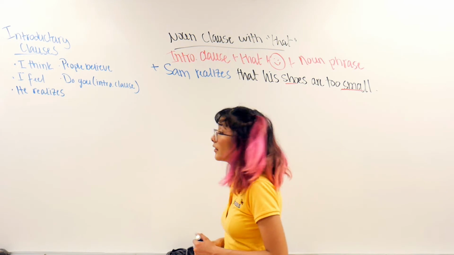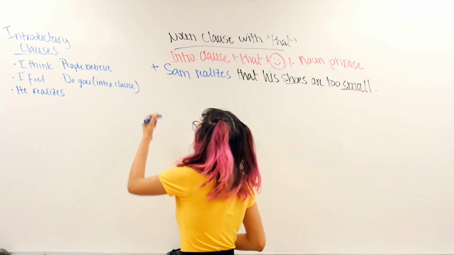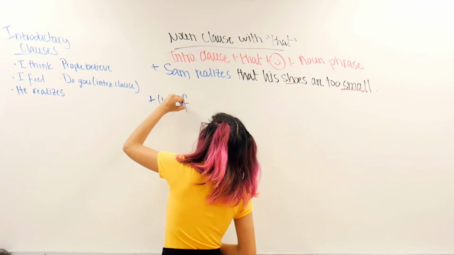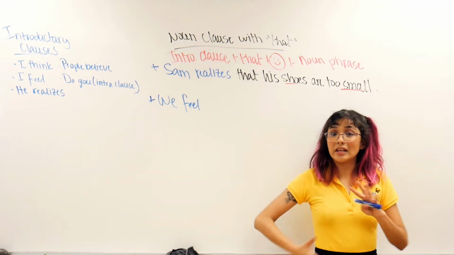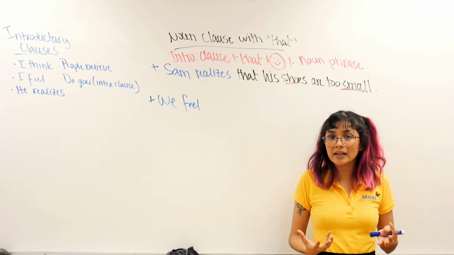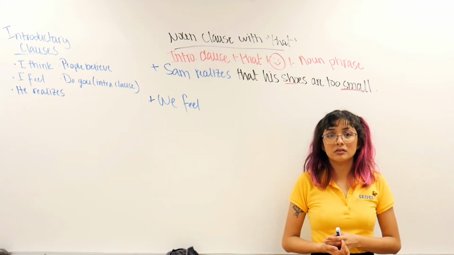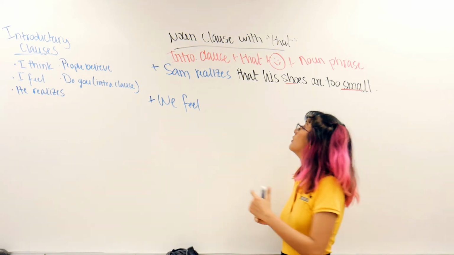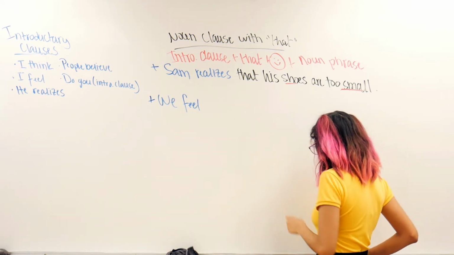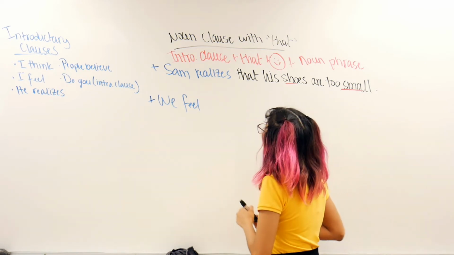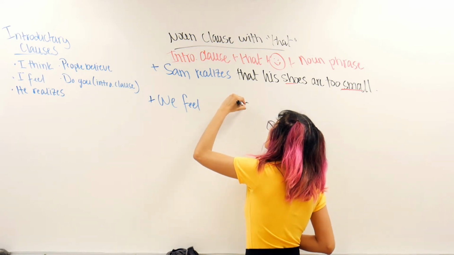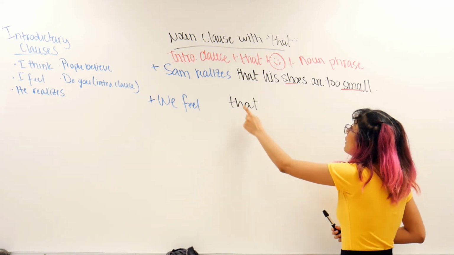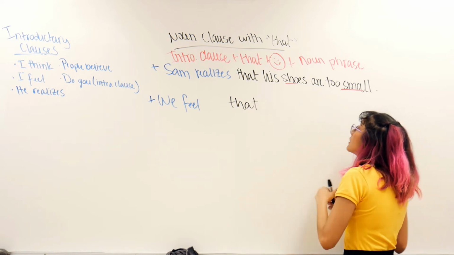Let's use another example. Let's say we now want to make it plural. We, and let's say we use feel. Let's say the students are taking a test and they realize that this test is very difficult. So as a group, they can say, we feel. What's going to connect my noun phrase? My word that.